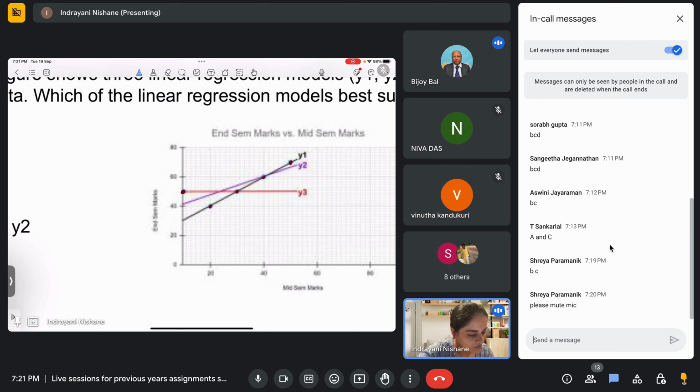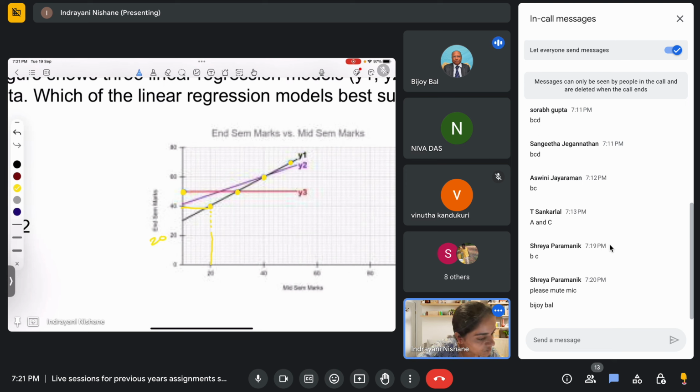Let me use some other color. Is this yellow visible? Yeah, it's bright. So these are the actual data points. Let me use blue to mark the predicted values.